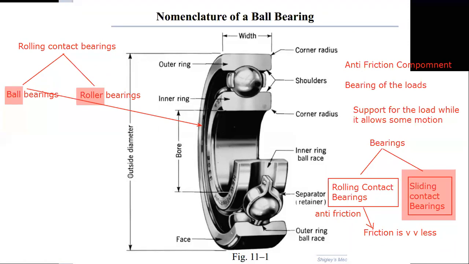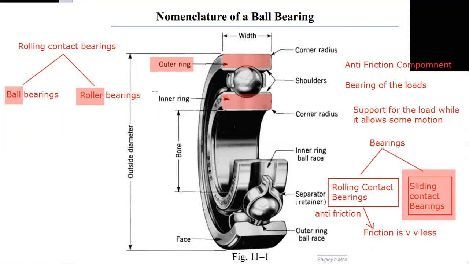And if you look at these parts, the main parts over here, I will start with the outer race. ठीक है जी, तो ये जो part है, this is the outer race. Then there is the outer ring, sorry, outer ring, and then there is the inner ring. ठीक है जी.